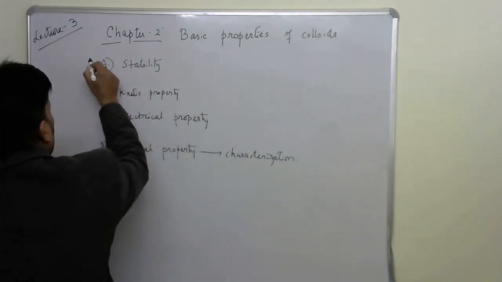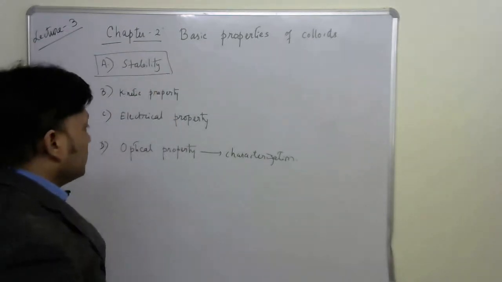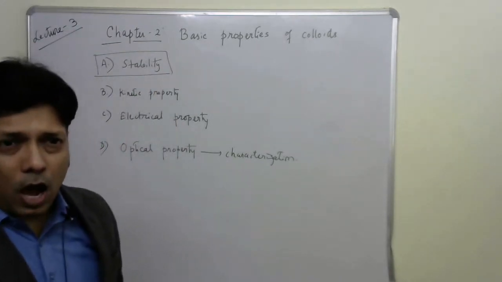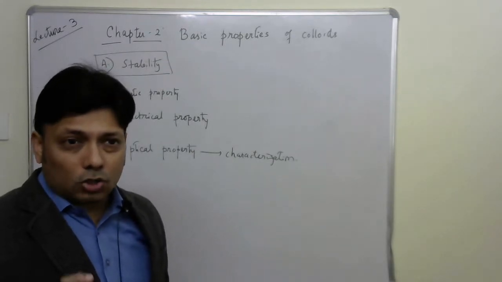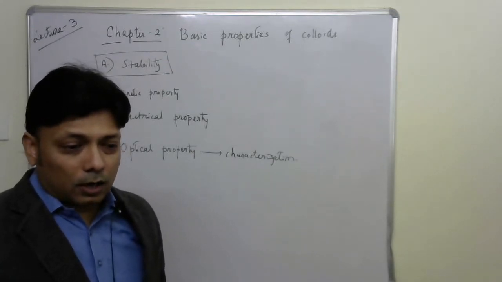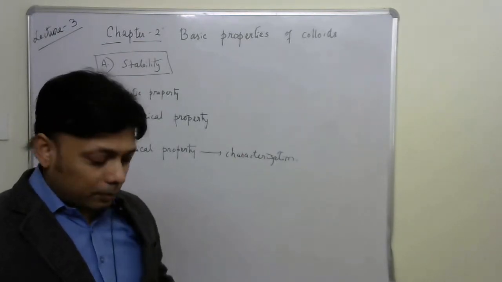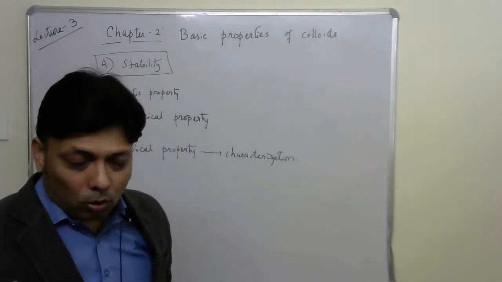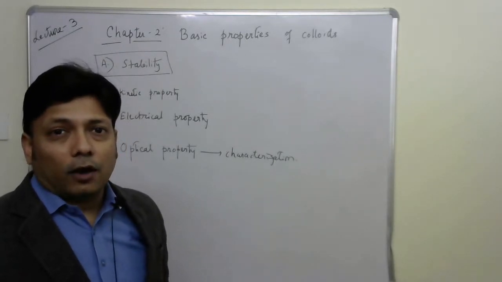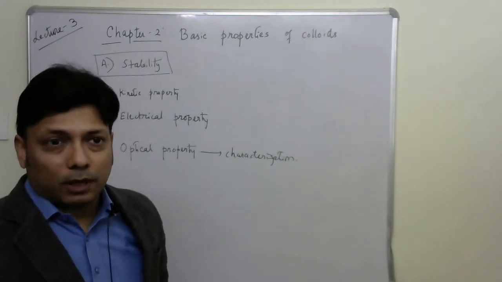Today we start with this topic, that is, to discuss how colloidal particles, mainly colloidal sols, are explained in terms of their stability. How colloidal particles have been hypothesized to be stable in a dispersed medium like water.